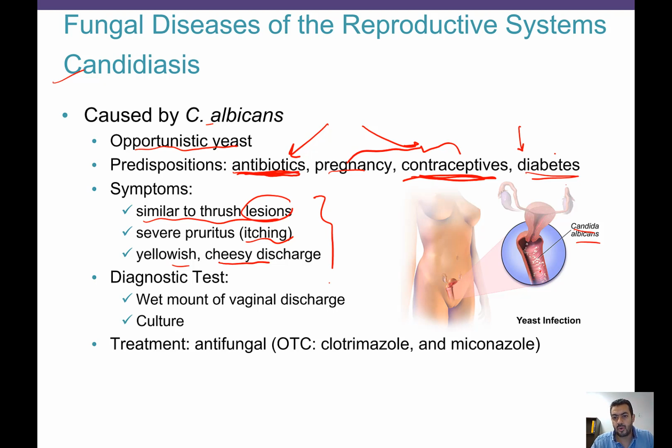What are the treatment options? As you know, it will be antifungal drugs, for example, miconazole or clotrimazole. So these are different antifungal drugs for treatment of Candidiasis.